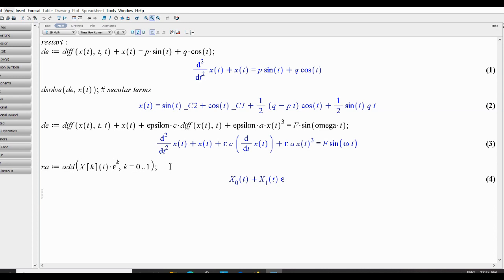Then I say dEA is equal to, expand, substitute x of t equals xa in dE. We have been doing this already. We say convert, Taylor expand in epsilon to a polynomial.